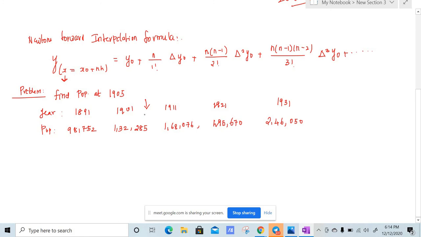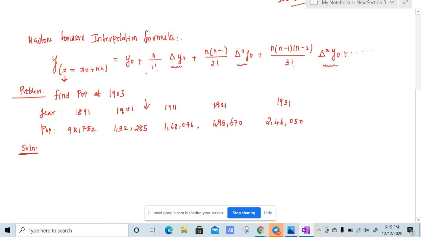Now we need to estimate the value at 1905, that is, the unknown lies in the first part, right? Now we will use Newton forward interpolation formula. Solution. Now you can see first we need to find del y naught, del square y naught, del cube y naught, and so on, right?